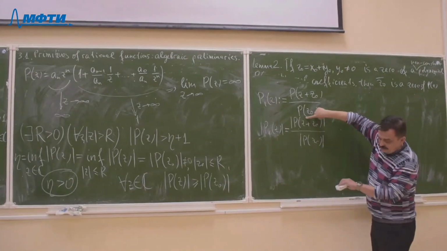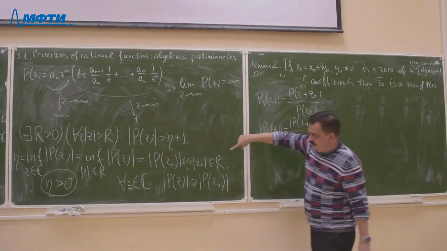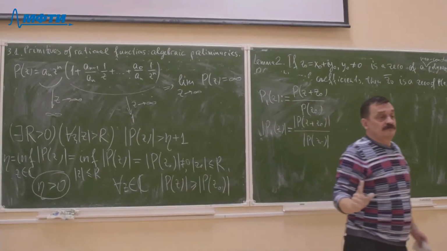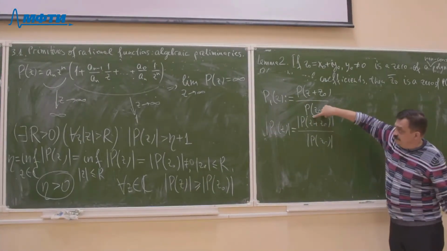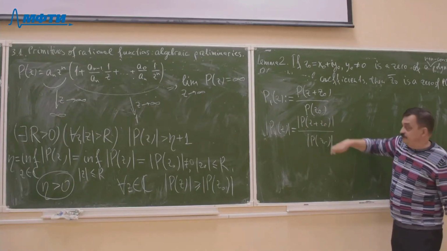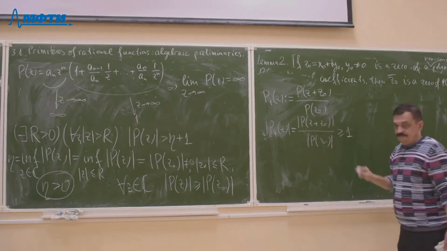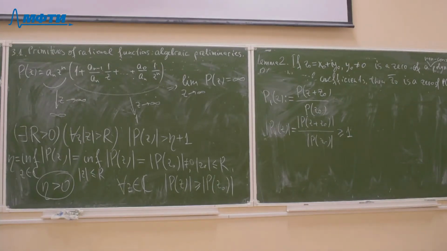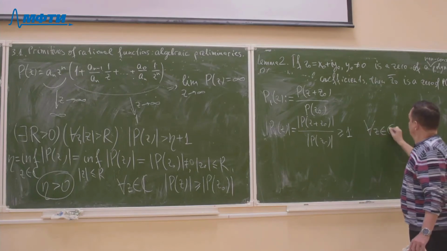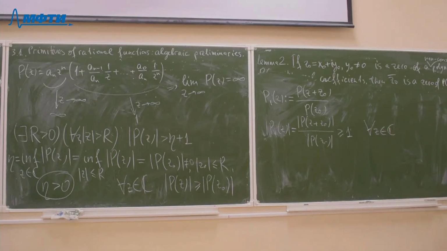The numerator is the value of our modulus of the polynomial at a complex point. So the numerator is greater or equal than the denominator. So the ratio is greater or equal than 1, for sure, for every complex z.